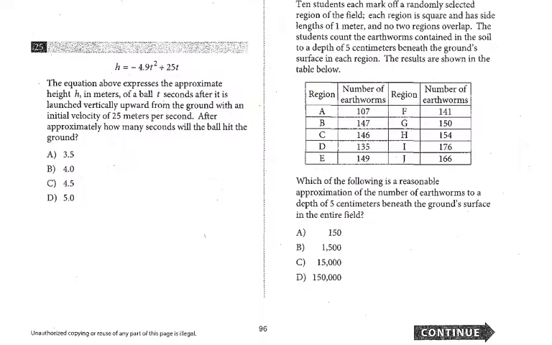For 25, in the given function, h stands for the height of a ball, and t stands for the seconds after it launches vertically upward from the ground. And we are looking for how many seconds until the ball hits the ground. So basically, here's the ball, and then it goes up, then goes back.